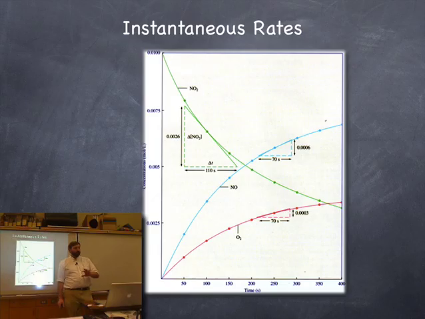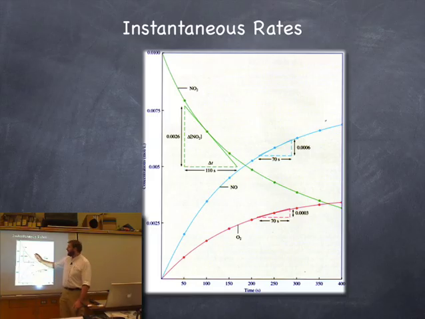Now, one of the things that's really interesting about this, one of the things that I want you to notice here is as the concentration of the NO2 goes down, the concentration of the products goes up. That makes sense. We're using up reactants to form products.